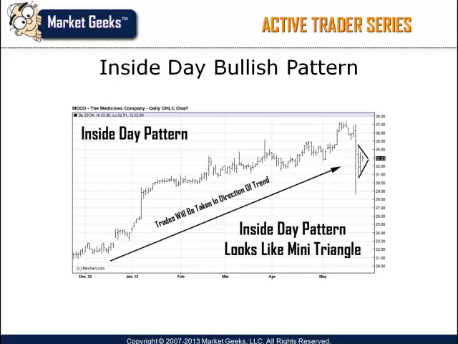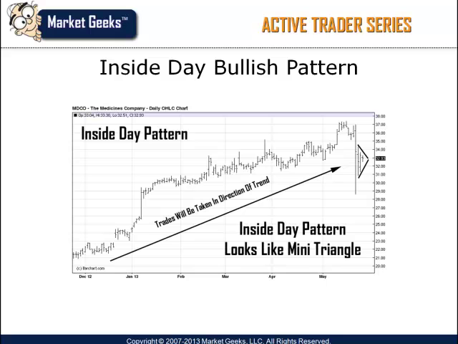The first pattern is a bullish inside day pattern. The pattern is a simple short-term pattern that has 3 days that are inside of each previous day. The pattern looks like a mini triangle pattern and occurs frequently after a long trend comes to a temporary pause for a few days.